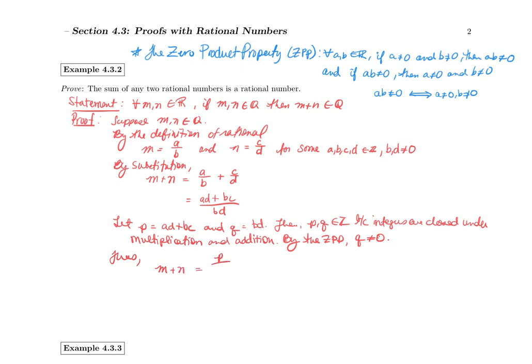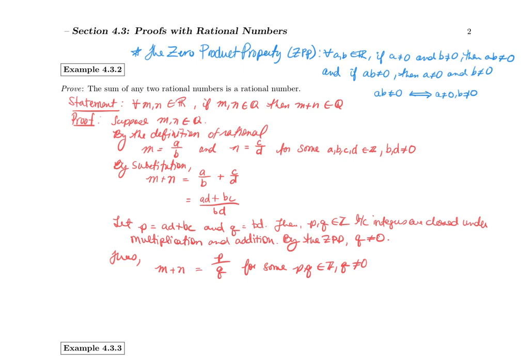m plus n is now P over Q for some P and Q that are in the set of integers, and we just showed Q doesn't equal 0. Why am I reiterating that? Because this is the literal definition of a rational number.